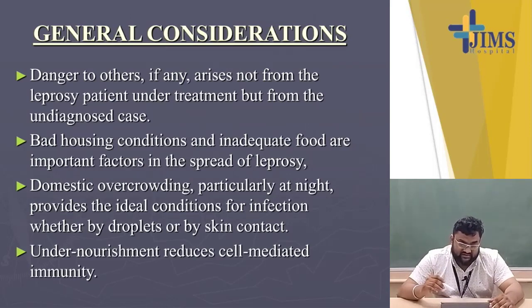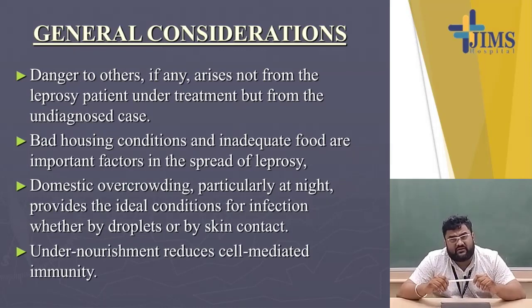What are the general considerations? It is dangerous to others if infection arises from undiagnosed cases, rather than from a leprosy patient under treatment. Understand that when we talk about the treatment of leprosy, the first dose of rifampicin usually kills around 99% of the lepra bacilli in the body.